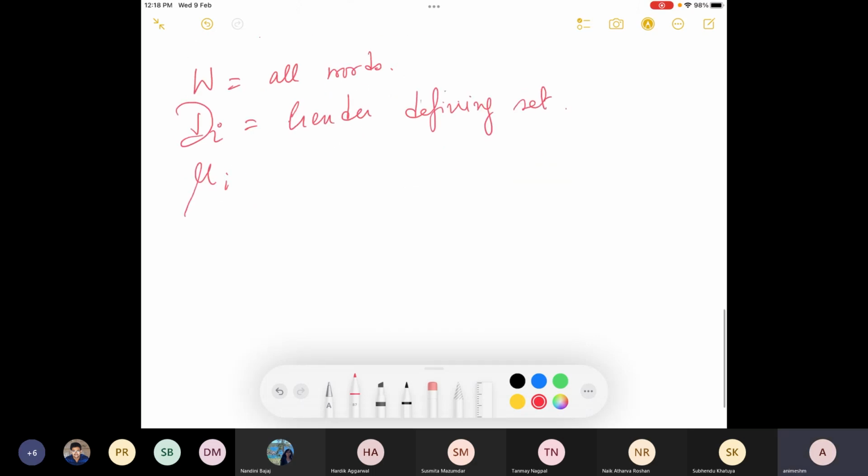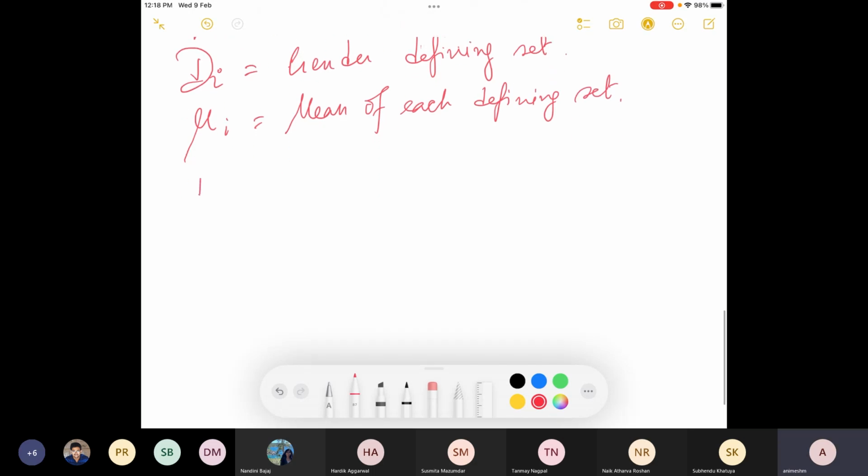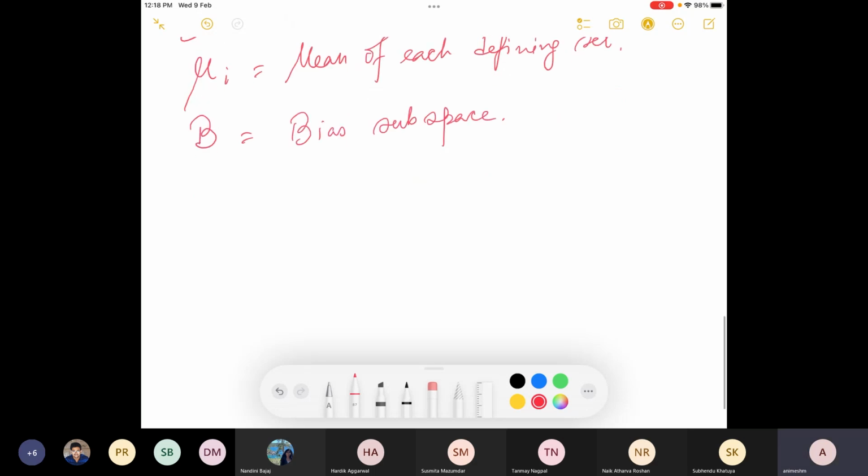Okay, mu_i is the mean of each defining set, and let's call B as the bias subspace. Also, the embeddings are from the real space R^d for every w in capital W.